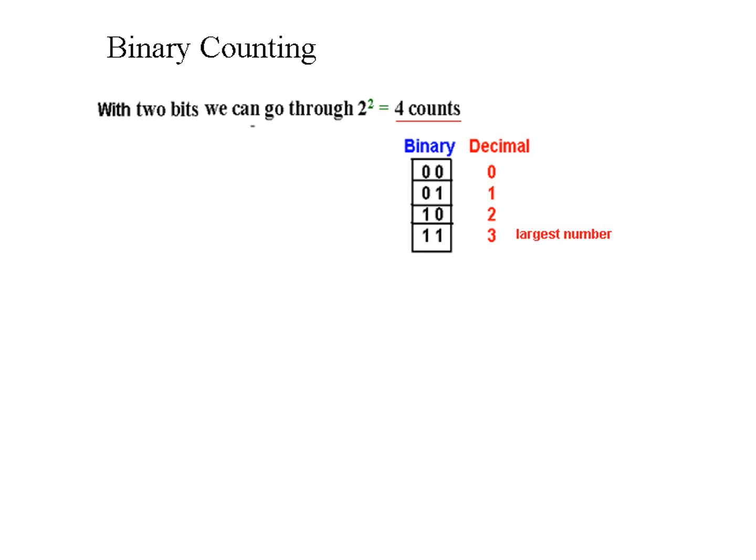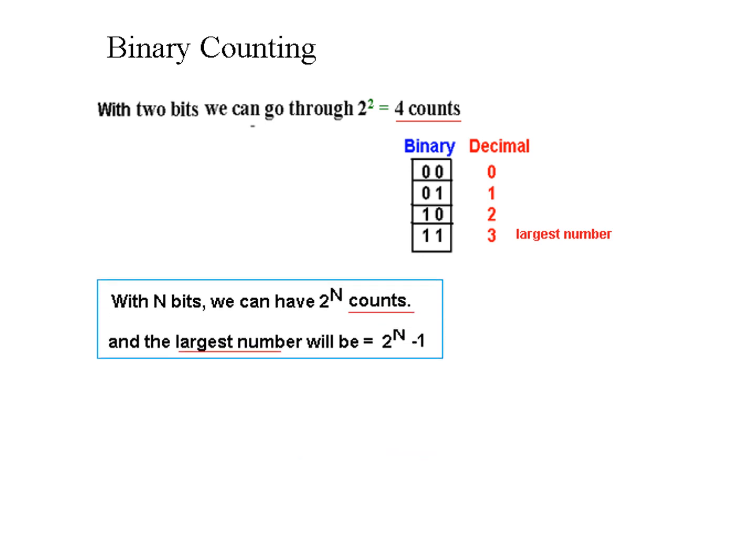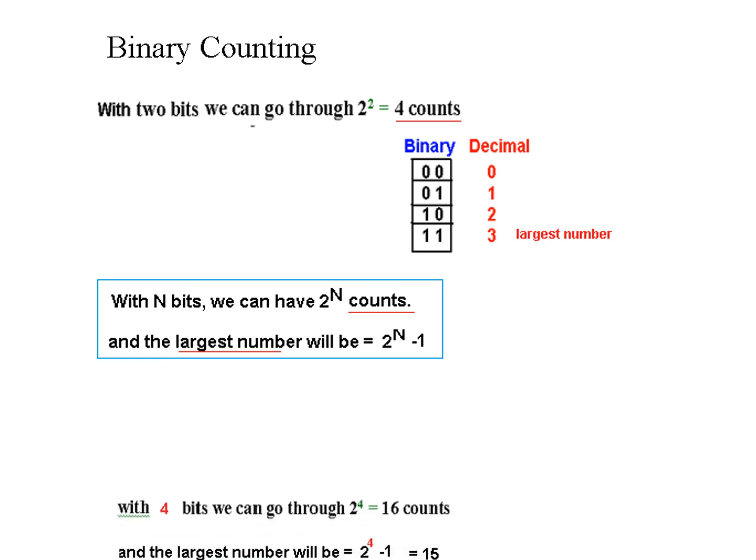So we can easily follow a formula: if we have n bits, we can have 2 raised to the power n counts, and the largest number will be 2 raised to the power n minus 1. Like here we had 4 counts, 2 raised to the power 2, and 2 to the power n minus 1, that is 4 minus 1, 3 is the largest value.